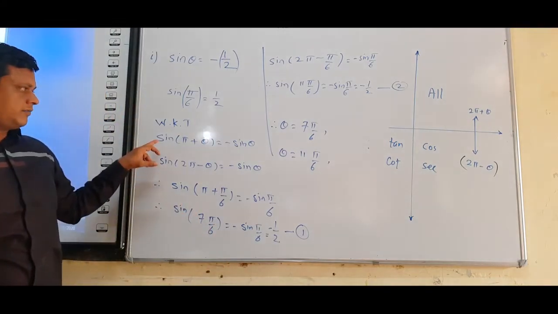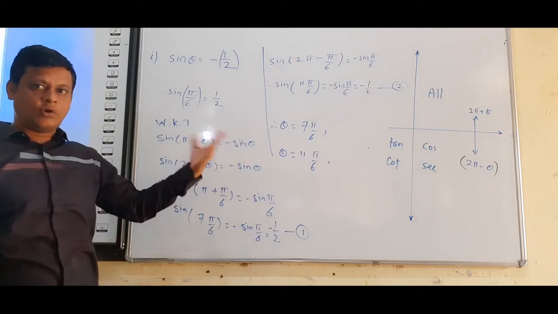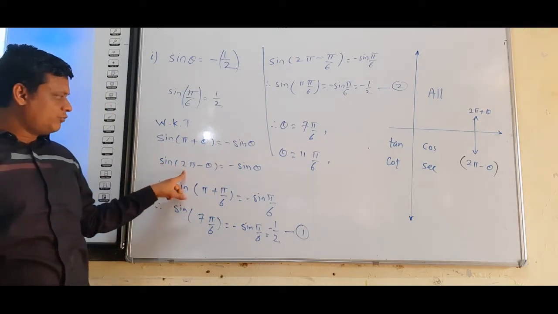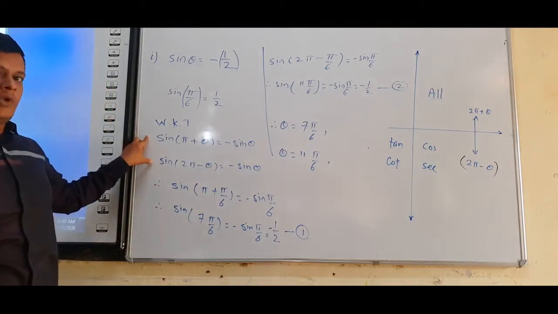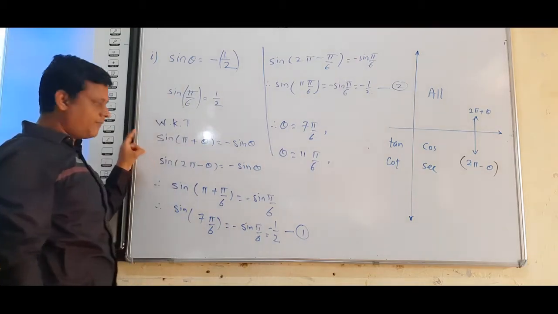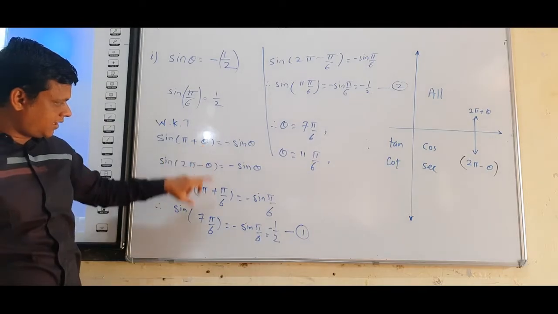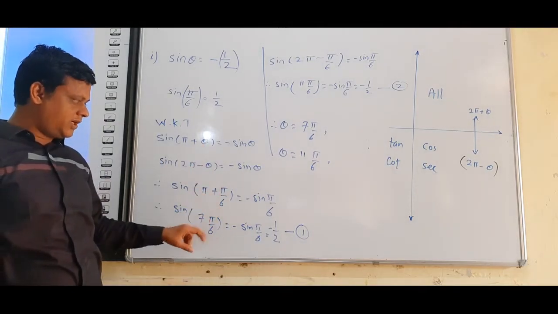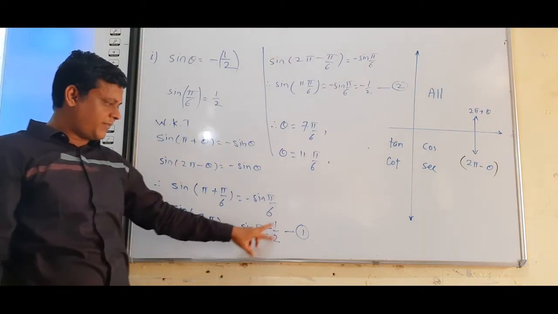That is, from the third quadrant we write sin pi plus theta equals minus sin theta. For the fourth quadrant we write sin 2 pi minus theta equals minus sin theta. Now in these two formulas we have to replace theta by pi by 6. In the first formula, after cross multiplying, 6 pi plus pi, that is 7 pi by 6, gives minus 1 by 2.